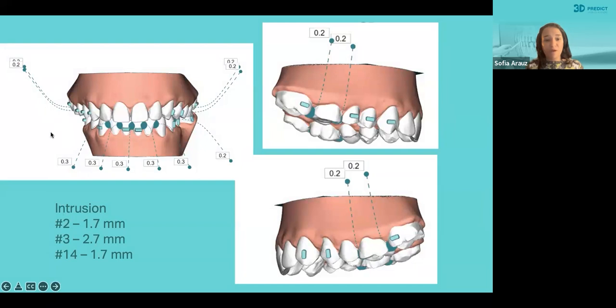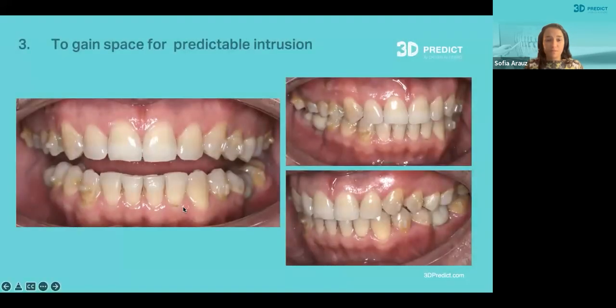As you can see here, the amount of IPR that was needed was really not that much if you think about the mesiodistal width of those teeth that we needed to accommodate for both arches. And this is the final result. Now, take into account that this final result is pre-restorative because this patient actually had veneers done after the treatment was finished.